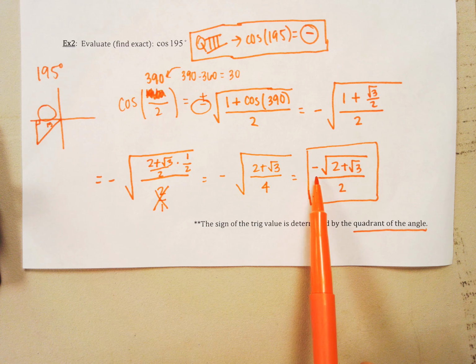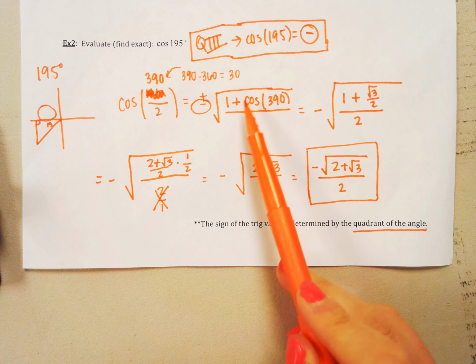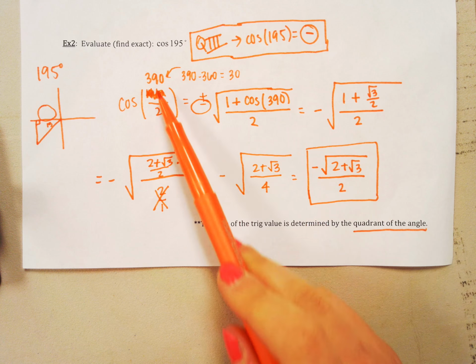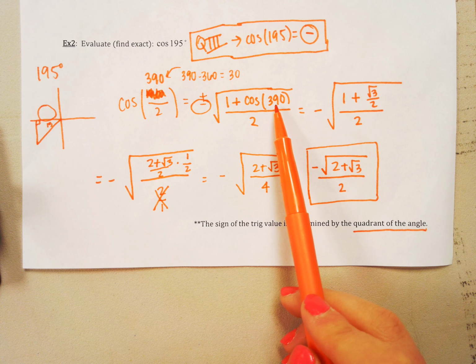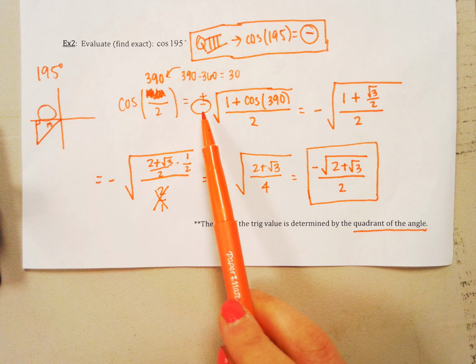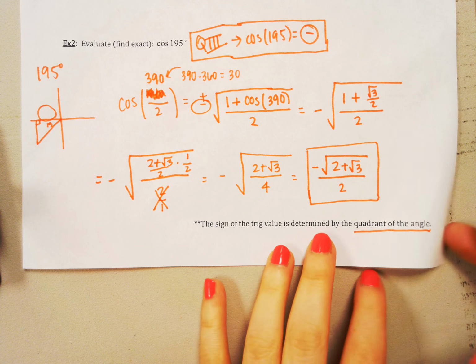So that's why I have a negative out front. Even though my cosine of 390, which is the double angle, this 195 is half of 390, that thing is in quadrant 1. That's just used to find your whole answer, but this plus or minus is determined by the original. Okay? Okay, so let's do another one.